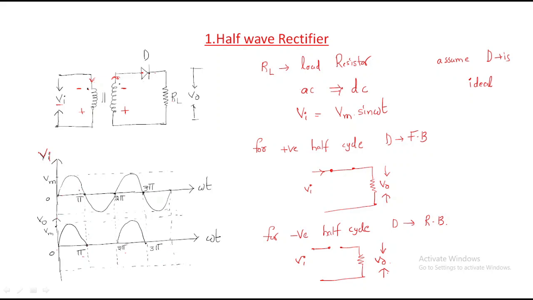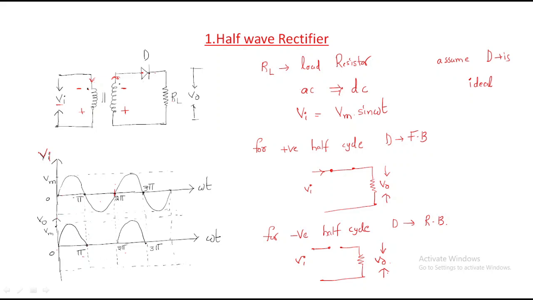If you observe here, for example, this is the complete one cycle. In that, it will be operated for only half cycle, and for negative half cycle the output is 0. That's why it is called a half wave rectifier.